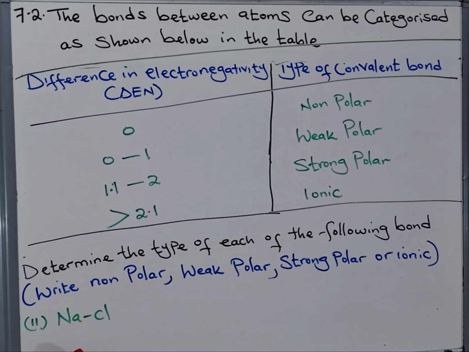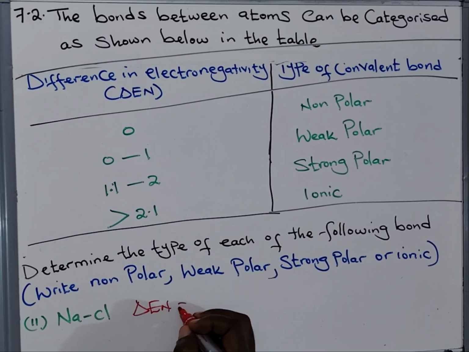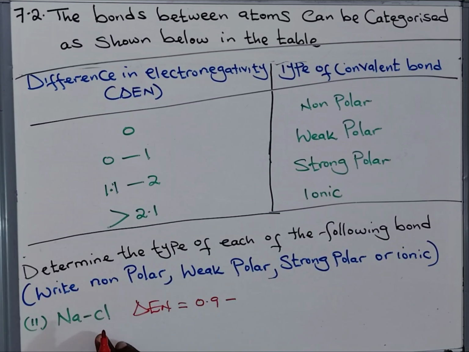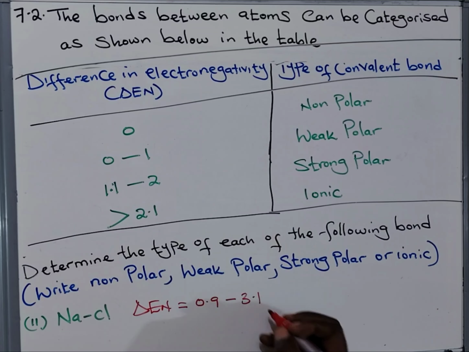Then we come to this one, the bond between sodium and chlorine, which exists in sodium chloride. How do you determine the nature of the bond? We find the electronegativity difference. For sodium, it is 0.9, and for chlorine, it is 3.1.